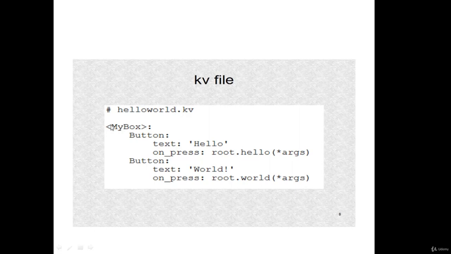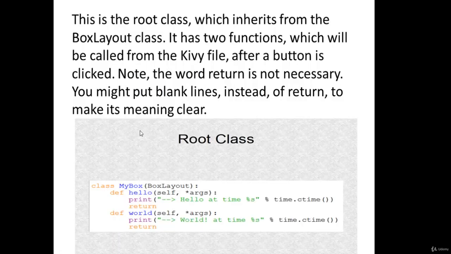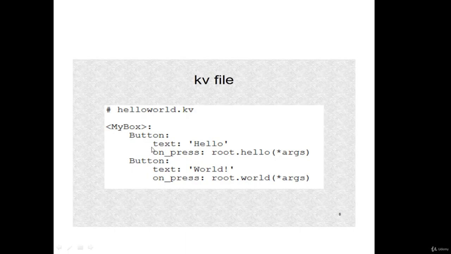You always start with this angle bracket in order to reference any layout, any button or any widget. So if you reference this my box over here, which is basically your class, that means you put that in angle brackets and give the colon in order to reference the attributes of this my box.